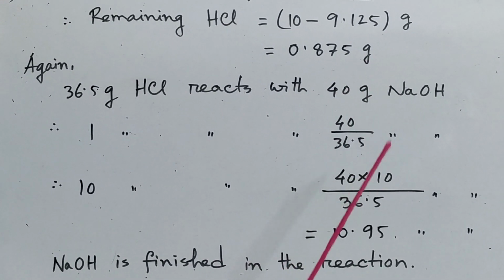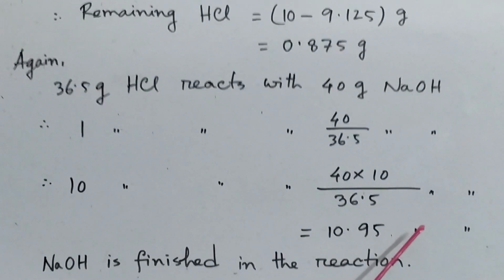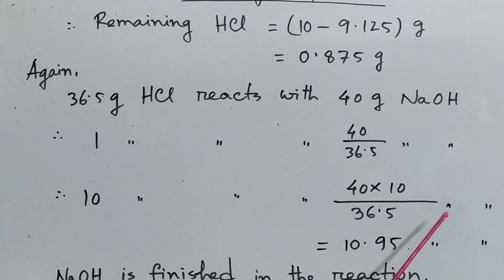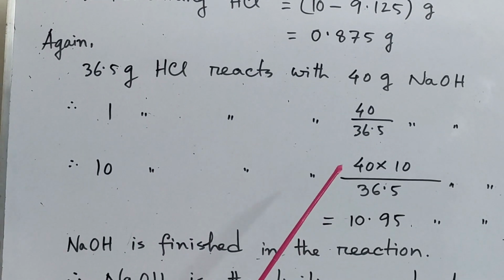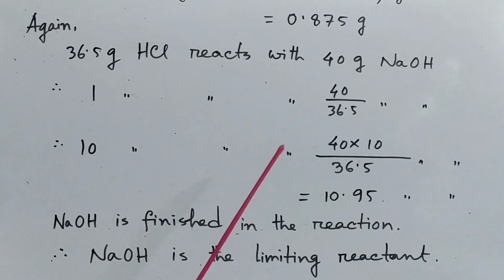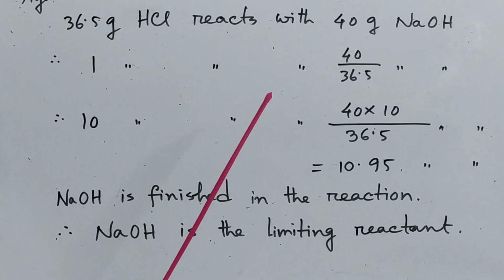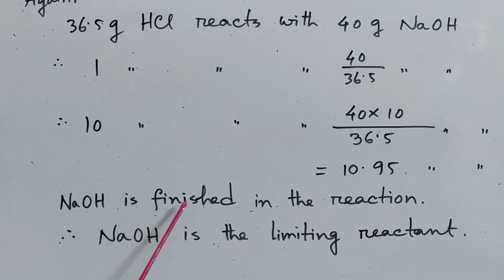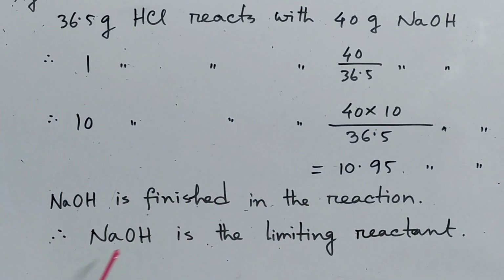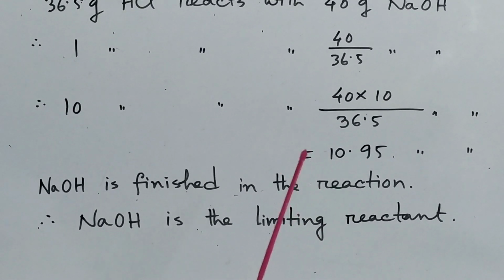So, now 10 gram is finished, then 0.95 more sodium hydroxide is needed. In the limiting reactant definition, I told the reactant that finished itself during the reaction is called limiting reactant. Now, sodium hydroxide is finished in the reaction, therefore, sodium hydroxide is the limiting reactant.